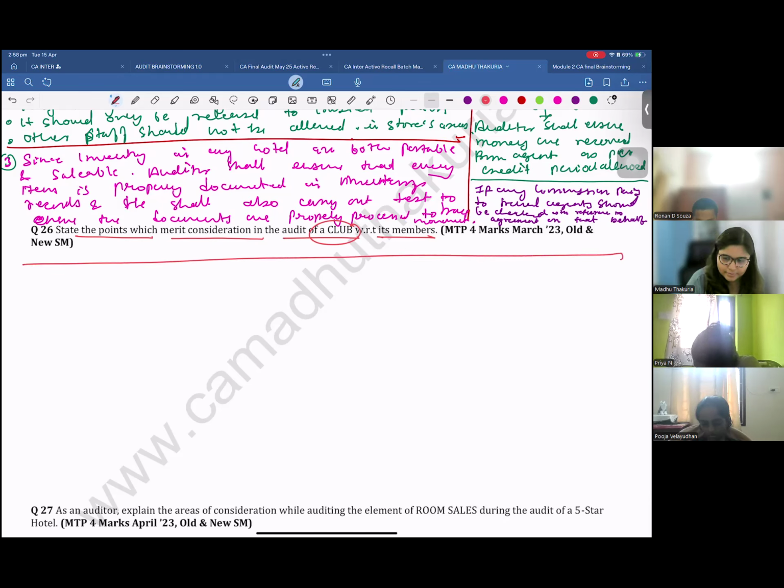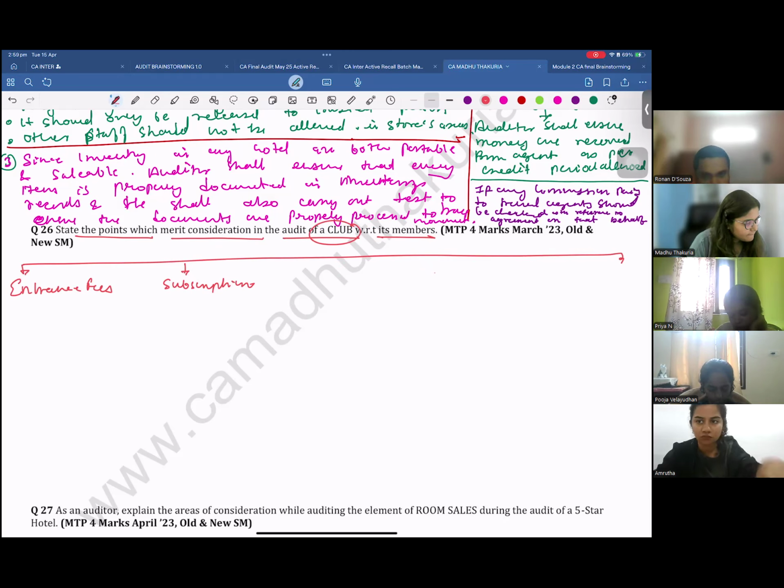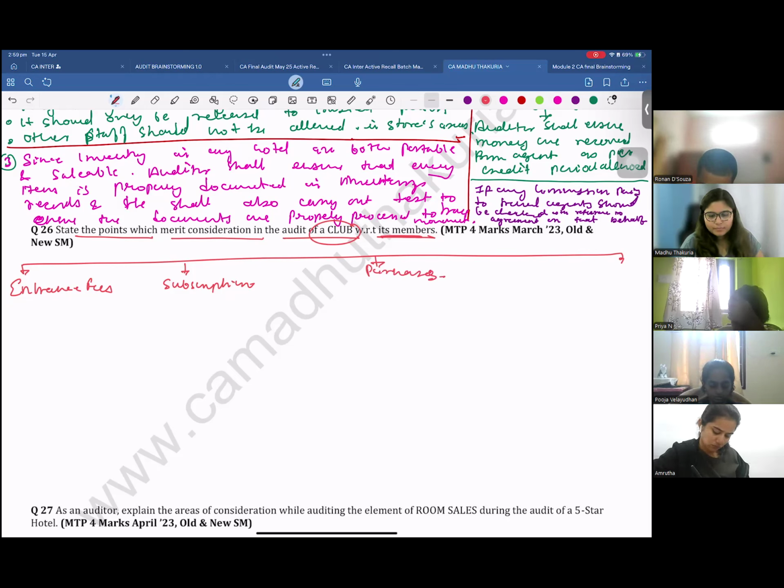Again, for clubs, members, you will have entrance fees, you will have subscription fees, you may have other purchases by the members, and you may have arrears of subscriptions and other dues.